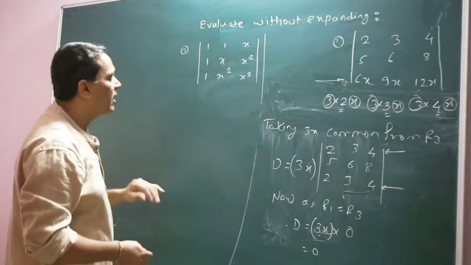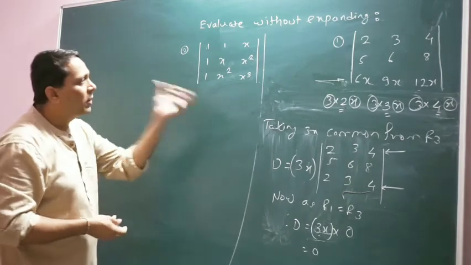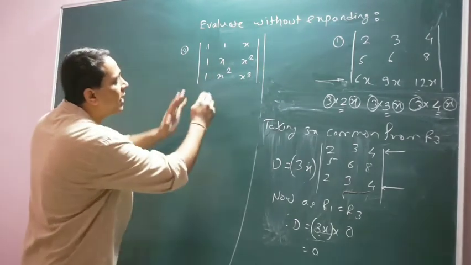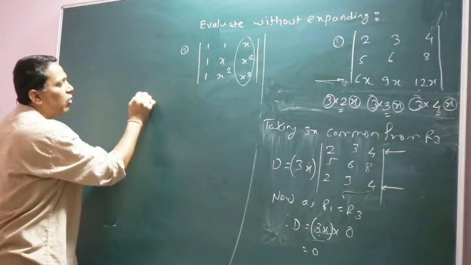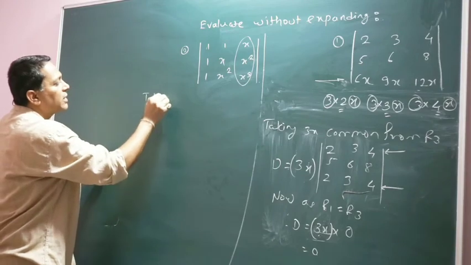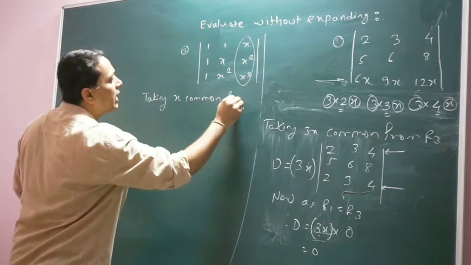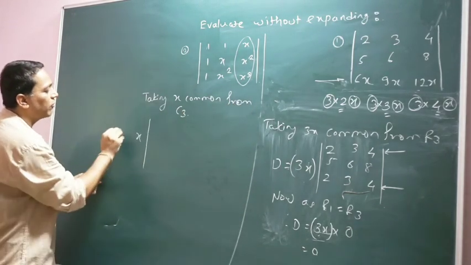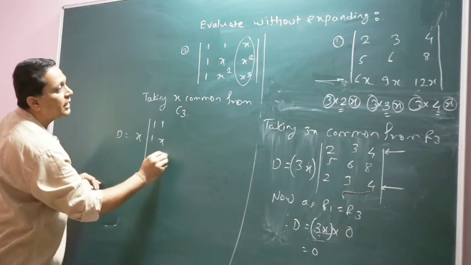Let's look at another example. Similarly, can you think anything we can take common row wise or column wise? If you look at it carefully, you will understand that we can take x common from third column. So taking x common from C3, the first and second column will remain as it is.